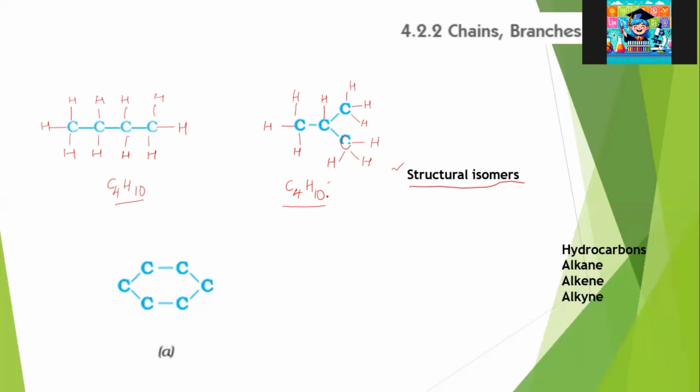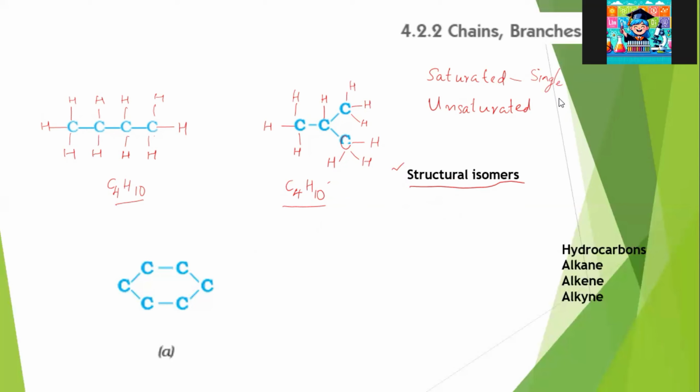And we have learned that there are 2 types of compounds, saturated and unsaturated. What is saturated? Saturated means all the bonds in the compound are single bonds. If all the bonds are single bonds and there are no multiple bonds, no double bond or triple bond, this kind of compounds are known as saturated compounds.